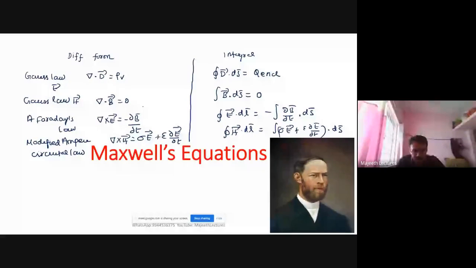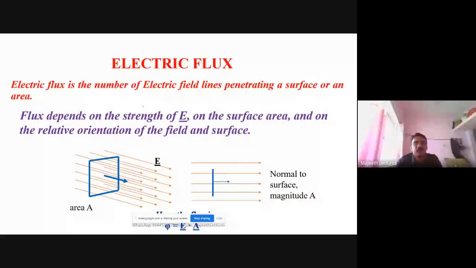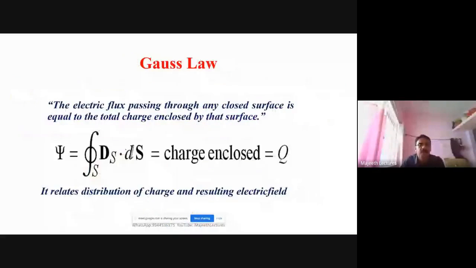So first we will see Gauss law. Gauss law is telling that psi is equal to closed integral D dot dS. So electric flux passing through any closed surface is equal to charge enclosed by the surface. So that's the statement, closed integral D dot dS equal to Q enclosed. Whenever you write, just write the word Q enclosed, otherwise Gauss law will be invalid.